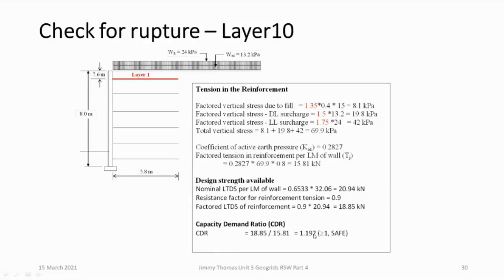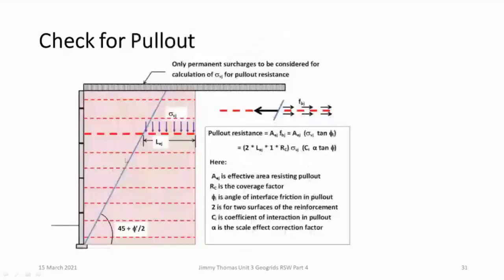Now check for pullout. We know the procedure. We take this as the critical failure plane, 45 plus phi by 2. Beyond that will be the effective anchorage length. We know the tension at this point, then we have to calculate the pullout resistance. Again, we calculate the vertical stress in this zone.